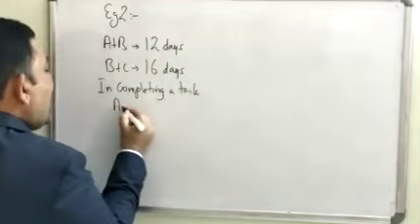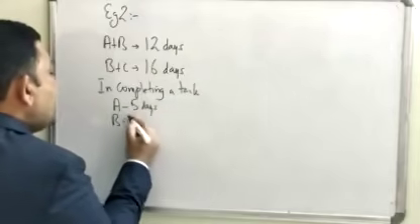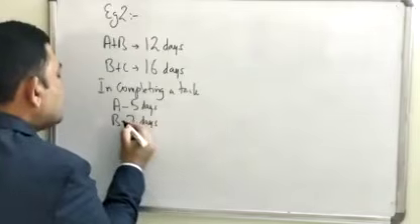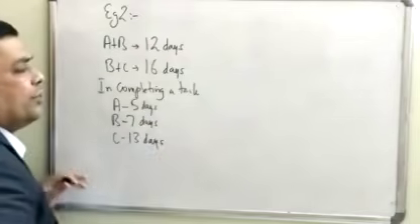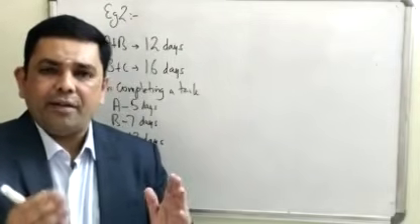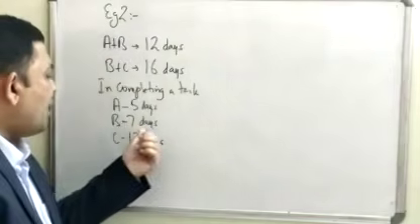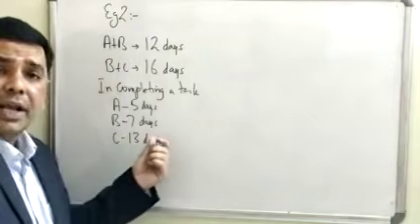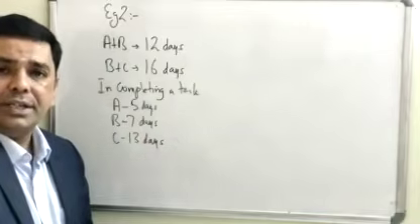Now, in completing a task, A has contributed for 5 days, B has contributed for 7 days, and C has contributed for 13 days. Alright? So while they worked in completing a task, A contributed for 5 days, B contributed for 7 days, and C contributed for 13 days.